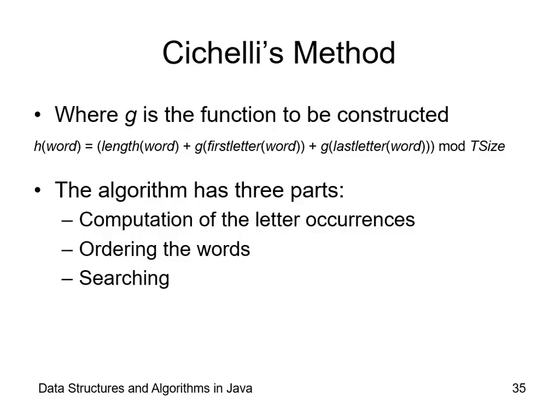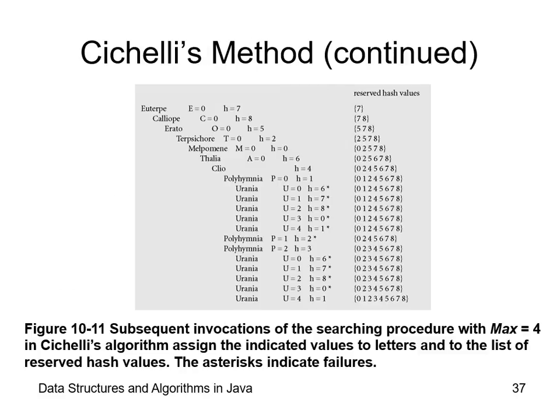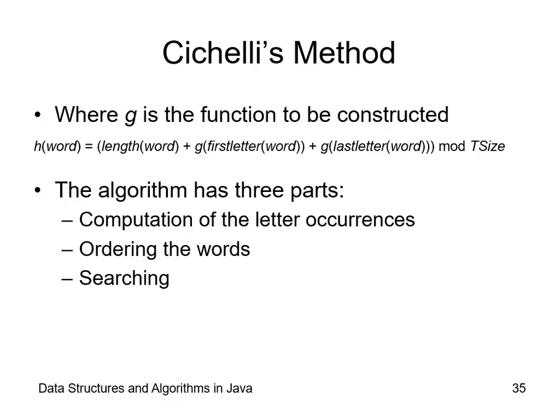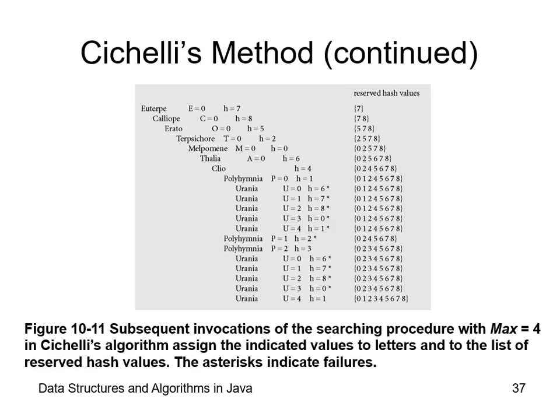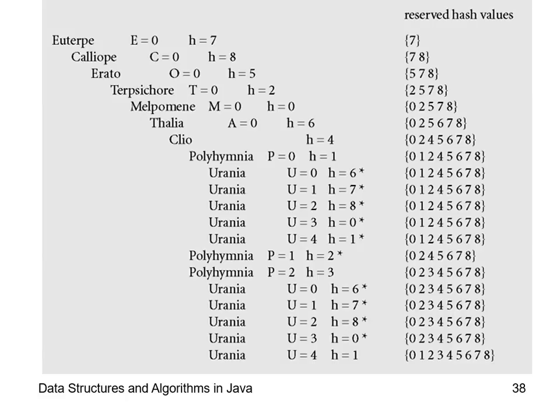For example, if the word is this one, Euterpe, Euterpe has length 7. If we pass Euterpe to the function, this will be 7, and this will be G of E, because Euterpe starts with E and also ends with E. It's the same picture, I just made it bigger.